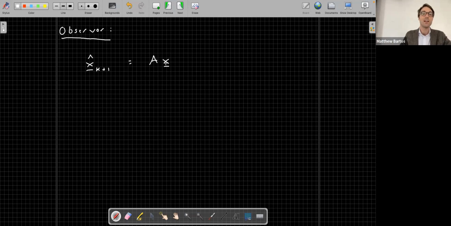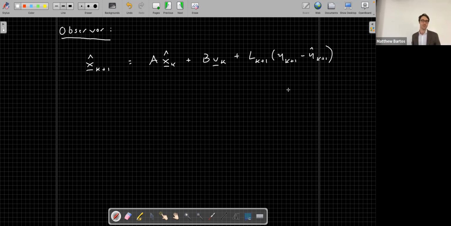So we have that x hat at k plus 1 is equal to A x hat_k plus B u_k plus L, and I'm going to say L at time k plus 1, times y_(k+1) minus y hat_(k+1). This is just our Luenberger observer from last time, and y hat_k is equal to C x hat_k plus D u.